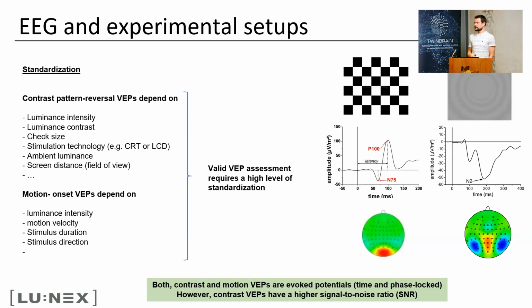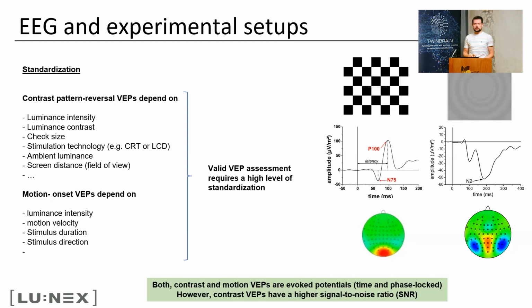So bottom line here, when we are considering all these different things, when we are standardizing, then we have quite a good signal to noise ratio. As I said, the ISCEV, the organization for visual research, I forgot exactly the name, recommends for the contrast VEP at least 50 stimuli, and with that the signal to noise ratio should be sufficient.